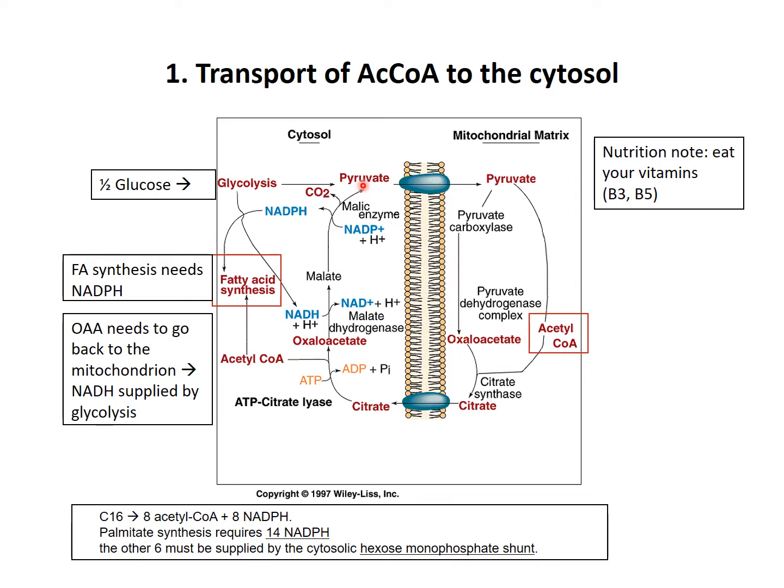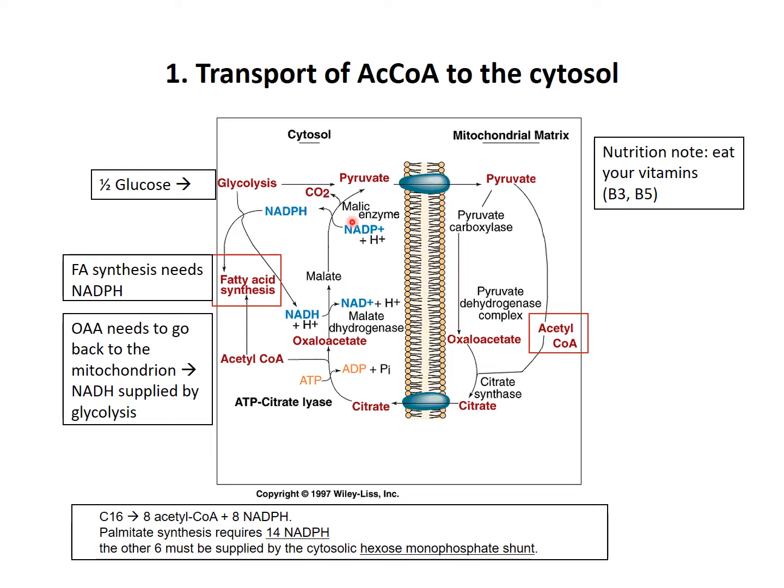Malate then can go back to pyruvate, and the enzyme is a decarboxylase, and we need NADPH for that. What is producing NADPH? Nothing else but the hexose monophosphate shunt, which is also feeding off of glycolysis and glucose.